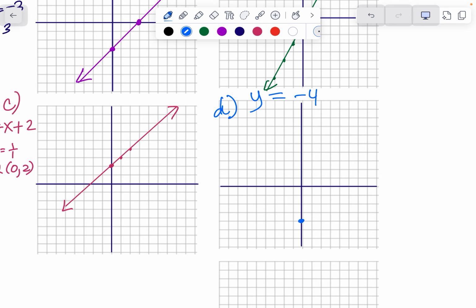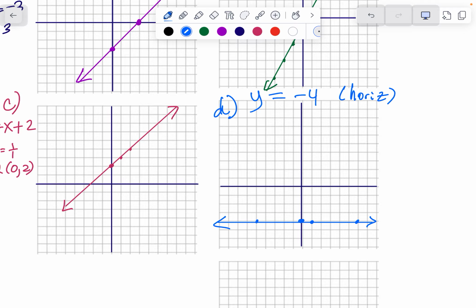Well, y is always -4, and so over here it's -4, over here it's -4, over here it's -4. However you want to think about it, it is stuck at -4. Okay? So a y equals a number is always going to be a horizontal line.